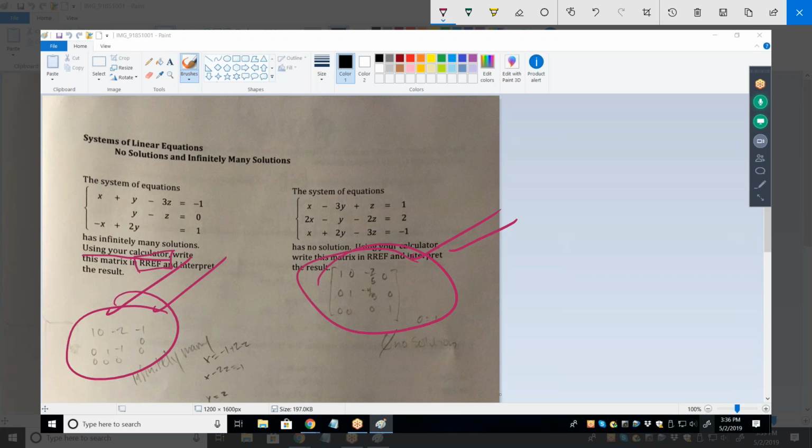Now, it actually is tough to do on your calculator, to the point where you actually have to input these things as separate matrices. In other words, when I input it like this, on your calculator, you have to put that as one matrix, that 3 by 3.